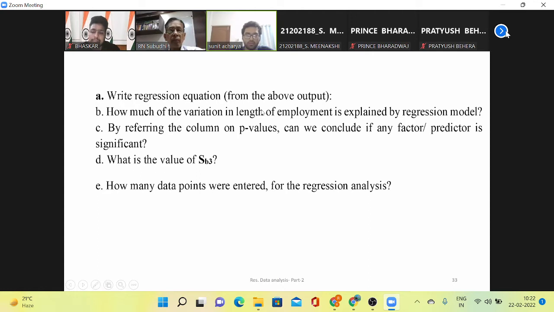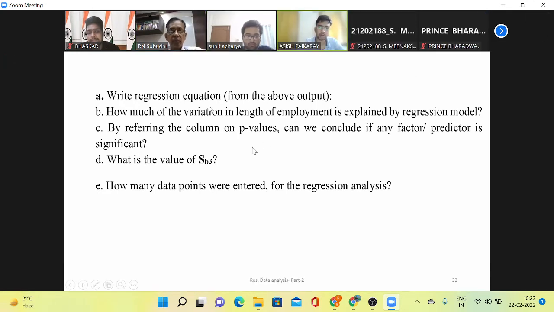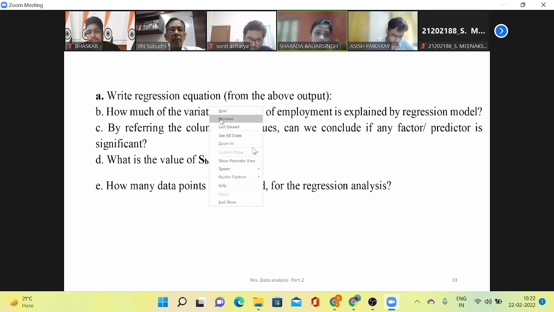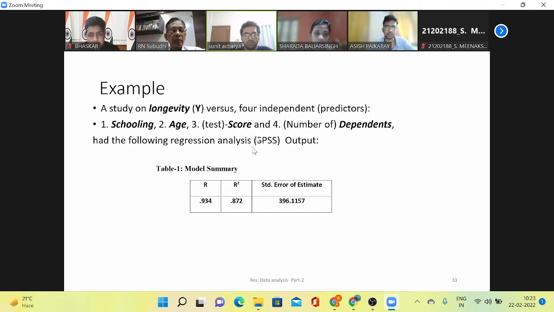No, that is the P value. R square is the other one. Sir, you have not shown the R square. First slide, not R square, previous slide. On this slide, note it down. All of you, please note it down.